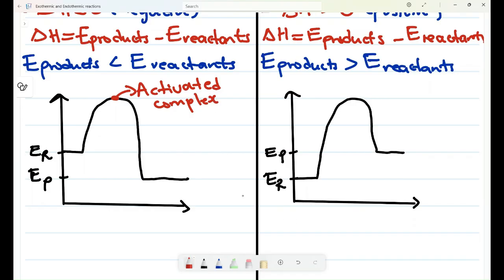Now the activated complex is defined as the unstable transition state between the reactants and the product. So it is an unstable transition state between the reactants and the products. Similarly here, this is what we also call the activated complex.